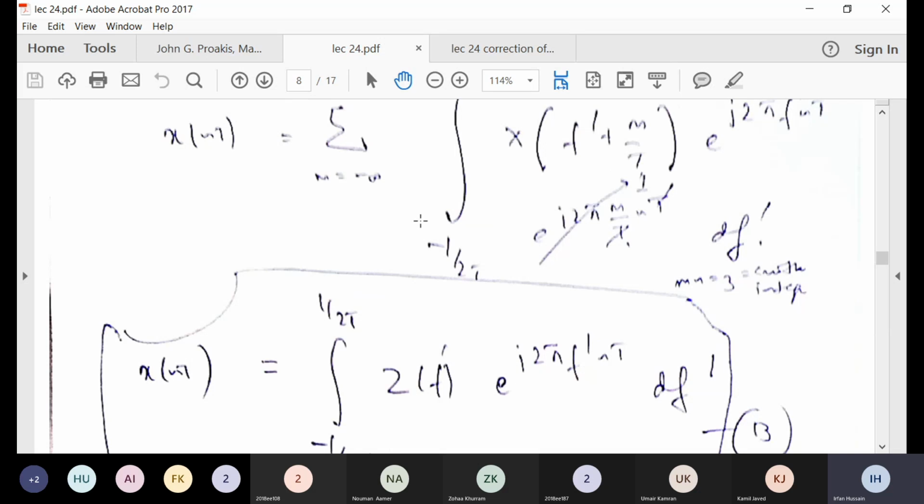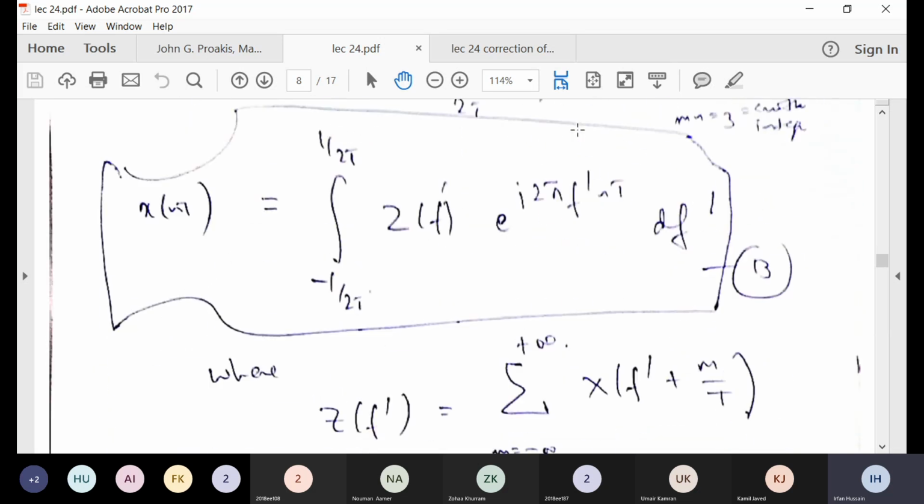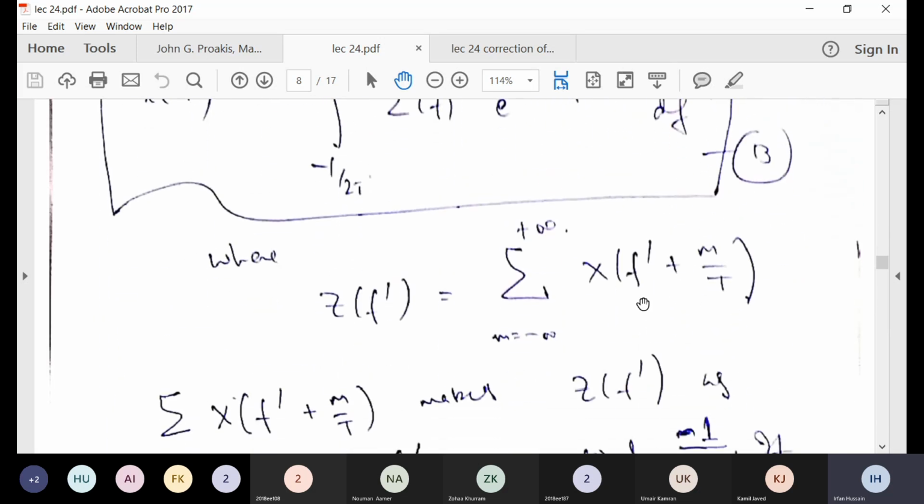So you can say that Z(f dash) is equal to the summation of X(f dash plus m/T).